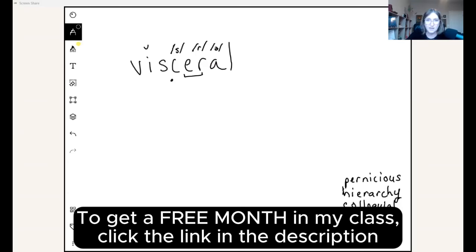It's spelling the schwa sound, and then we have that ul at the end. So pencil read this word. That's right.